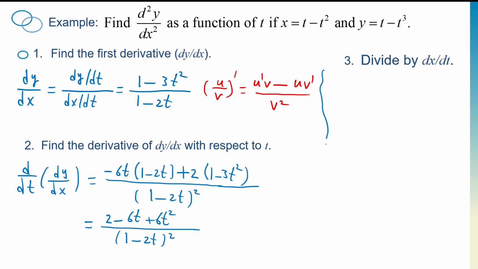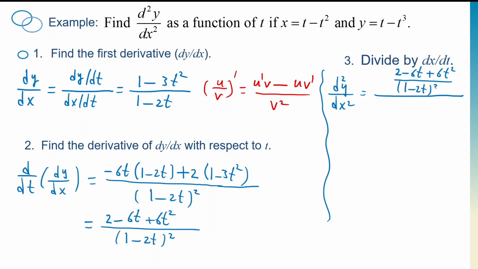Now the last step will be what? I take this result and divide it by dx over dt. So this is whatever I have from step number 2. Now this is the second derivative, last step. Second derivative equals whatever I have from step number 2, which is 2 minus 6t plus 6t squared divided by 1 minus 2t squared.